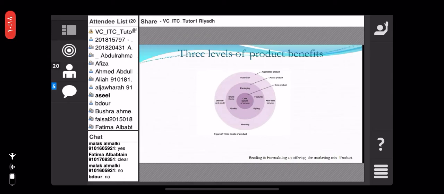Basically, all these are supplementary, because you're not going for the gym, you're not going for the swimming pool. The core benefit of the service is to stay for some time and then leave. So augmented product, actual product, and the core product. Basically, the core product is the main thing.